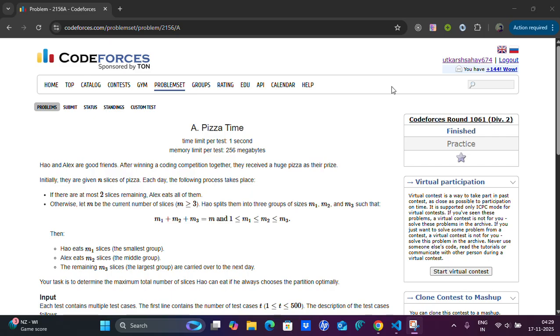Howard splits them into three groups of sizes m1, m2 and m3 such that m1 plus m2 plus m3 is equal to m, which is quite obvious, and 1 is less than or equal to m1, which is less than or equal to m2, which is less than or equal to m3.